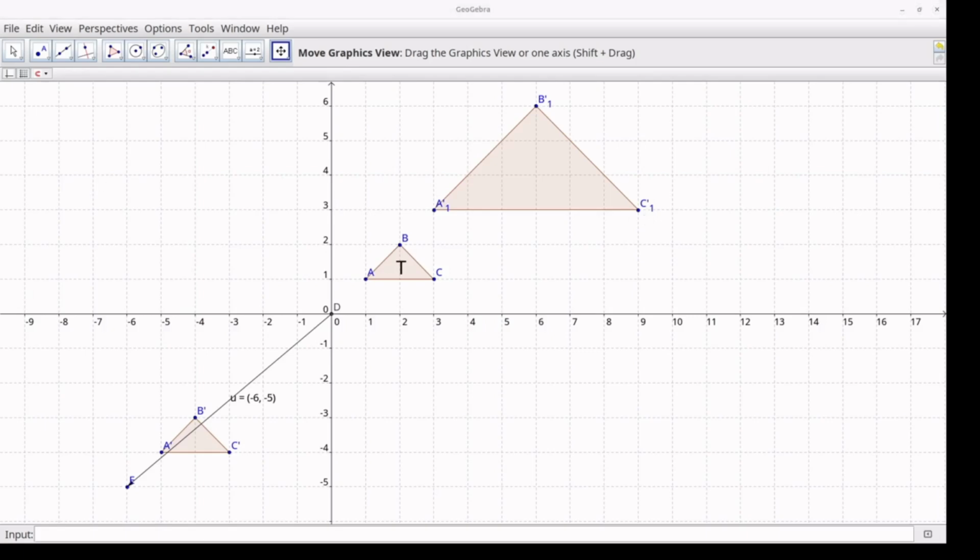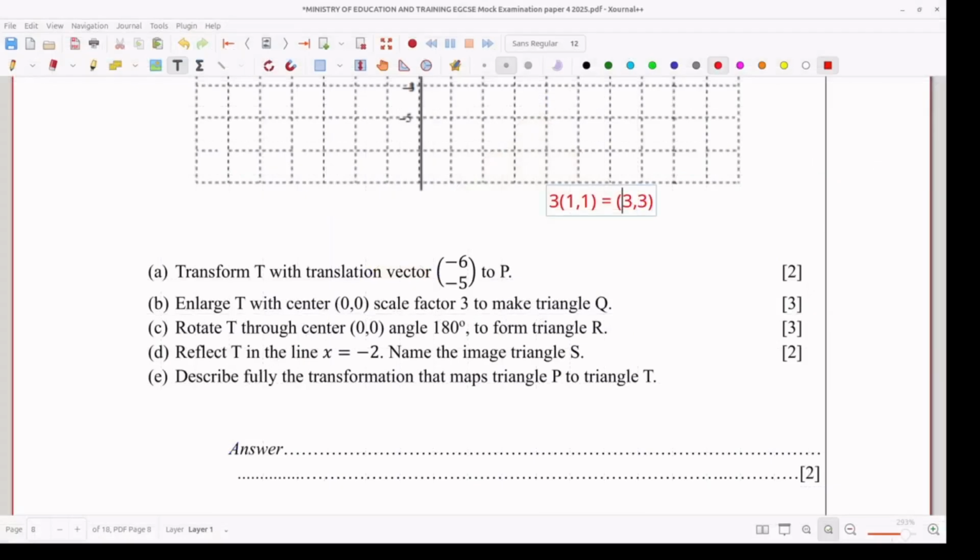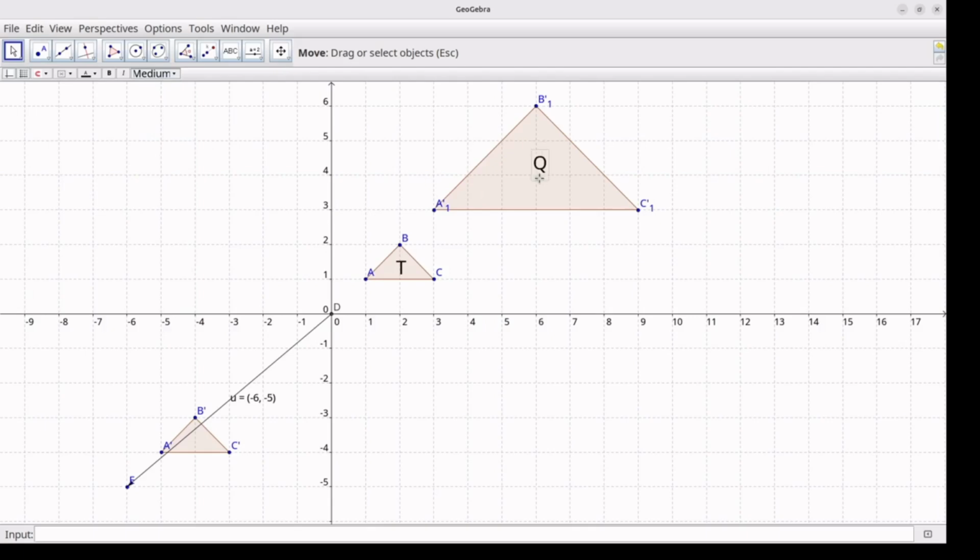Next question. Rotate. For rotation, you are always going to use your tracing paper, through (0, 0), 180 degrees, to form triangle R. Let's go and draw triangle R. This is triangle Q. Then we need to rotate this around (0, 0) by 180 degrees.